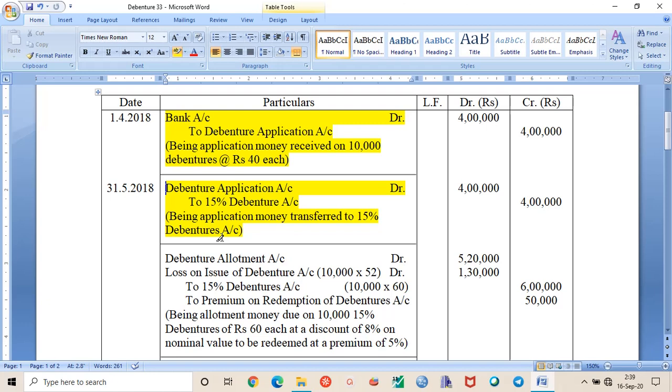So on this particular date, allotment money was also due, and the amount payable on redemption was rupees 5, because the debentures were repayable at a premium of 5%. So 5% of rupees 100 will be 5.